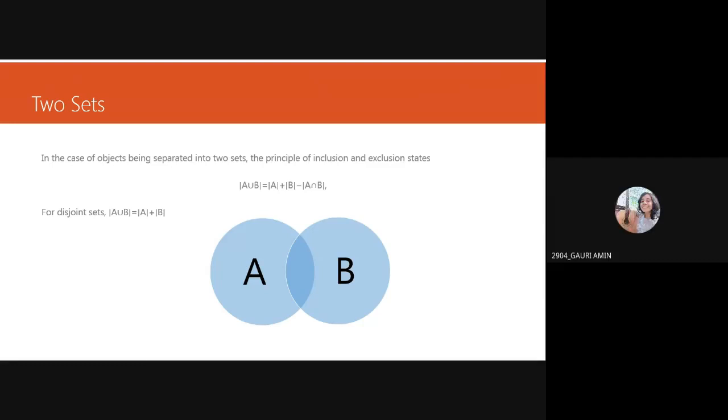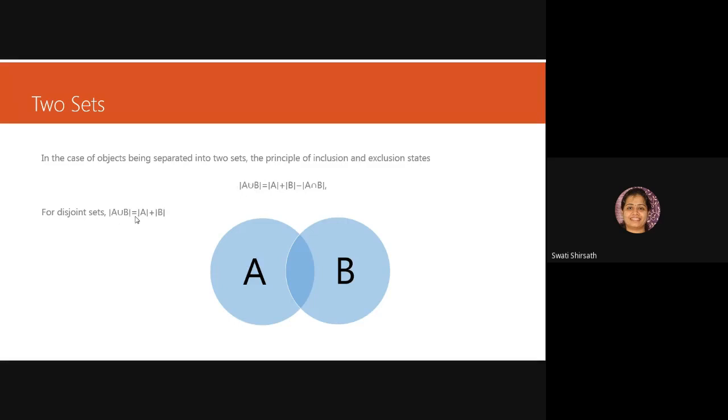Yes, ma'am. Got it? Great. So this is a very straightforward formula. We are just deducting the cardinality of A intersection B so that it won't be counted twice.